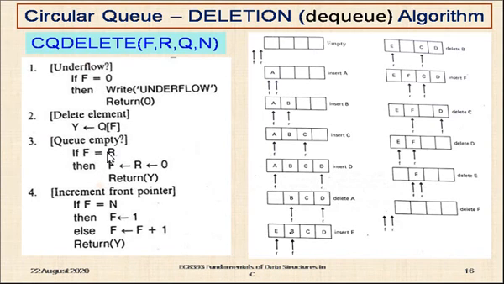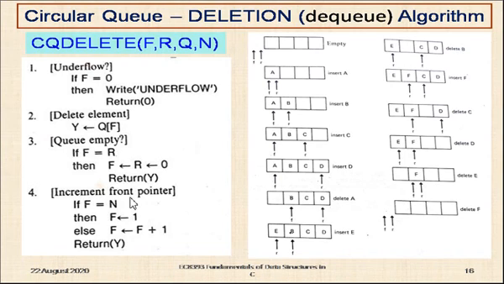So it will come to the next one. The condition is failed, so this will not happen. Rather, this will happen: return of y. What is y? A. A will be returned back to the calling function.